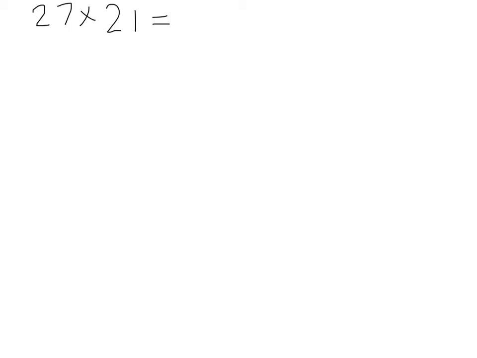And so if we have 27 times 21, what I'm going to do is break down both of these numbers into expanded form. And so 27 is going to break down to 20 plus 7, and 21 is going to break down to 20 plus 1.